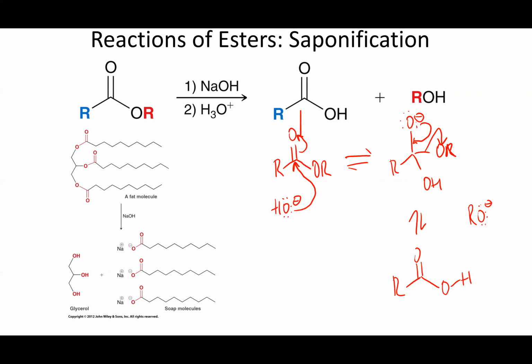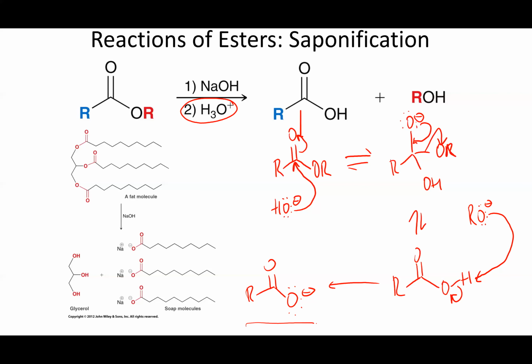which is a pretty strong base, and the reaction is driven to completion by this deprotonation, and it produces the carboxylate initially. And so if we were doing this in the lab and we wanted to generate a carboxylic acid, we would follow that up with the dilute aqueous acid workup so that our carboxylic acid will get protonated.